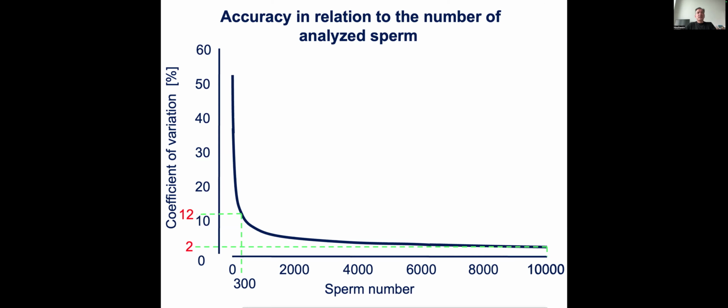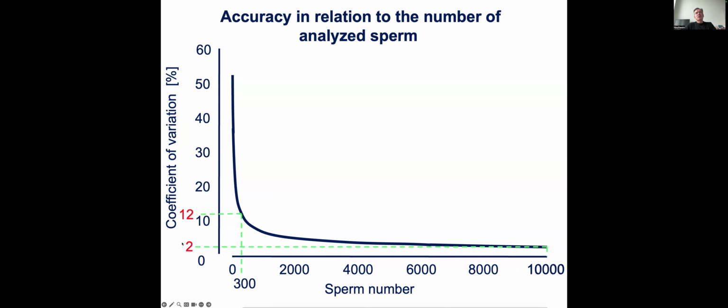And if you see here the accuracy of a method in relation to the number of analyzed cells, here sperm cells, the accuracy is quantified by the coefficient of variation. If you measure, for example, 300 cells, like when doing microscopy, then the coefficient of variation is 12%.